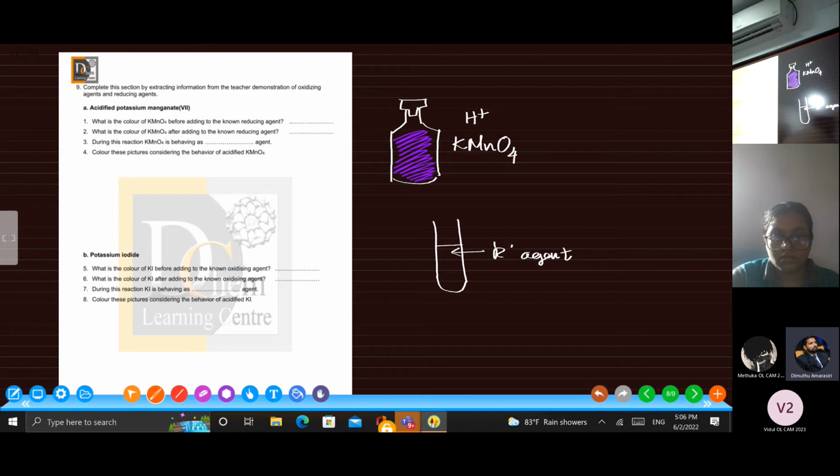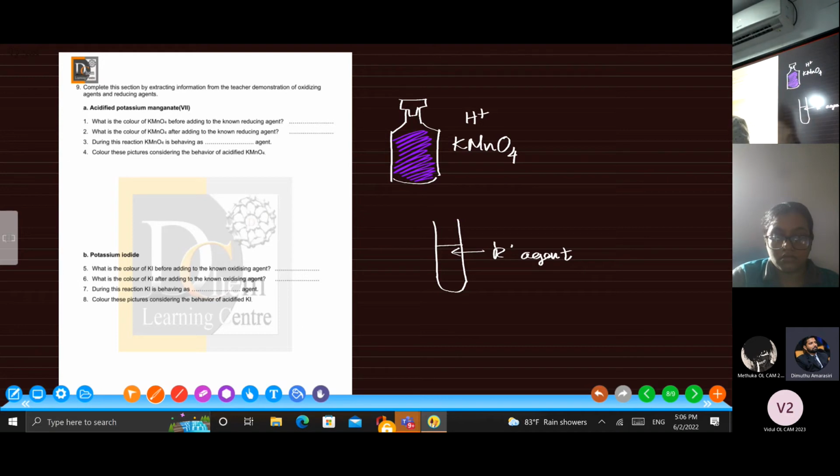Okay. So it's potassium permanganate. Now the point is, this substance is unknown. If this substance is a reducing agent, this potassium permanganate is an oxidizing agent, so it has to react. If it reacts, will the violet color remain?